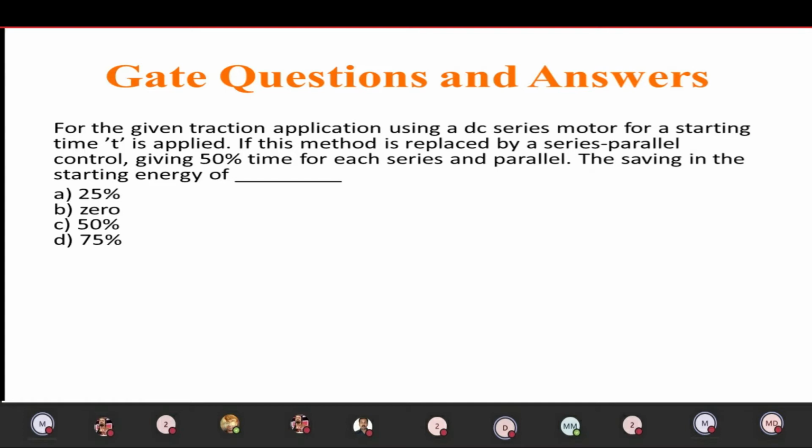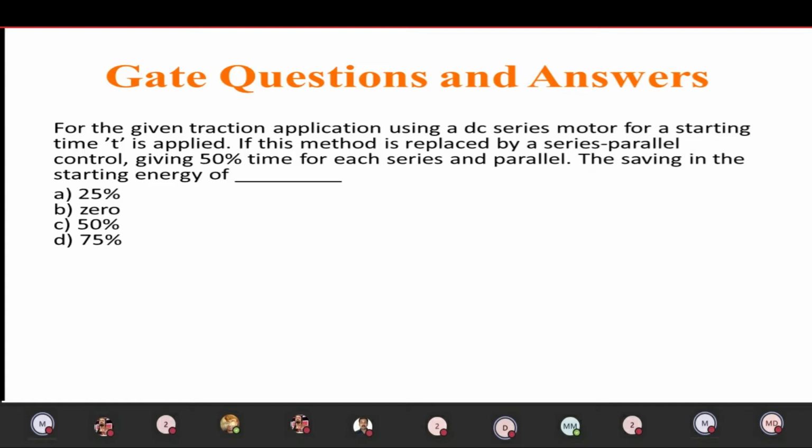If it is a series motor, we have voltage control methods and a deviation of winding. Here they are using series parallel control. That means we connect the winding in series and parallel, giving 50 percent of the time to each connection.